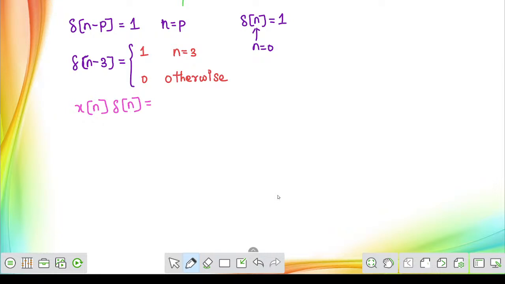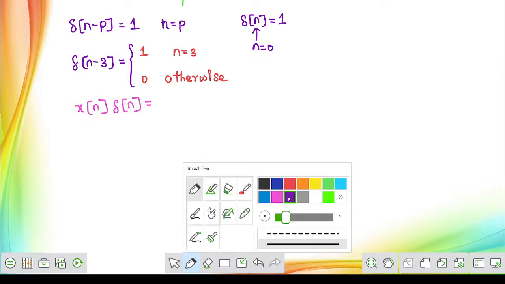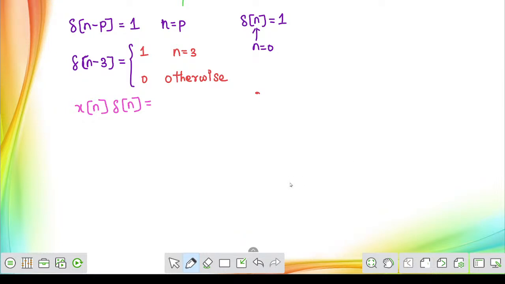I hope you all remember the same thing. In the time domain, whenever you are observing a general function x of t multiplied by del of t, the same function can be rewritten as x of 0 into del of t. Why do we write it like this? Because the value of del of t will be 1 only at t equal to 0.